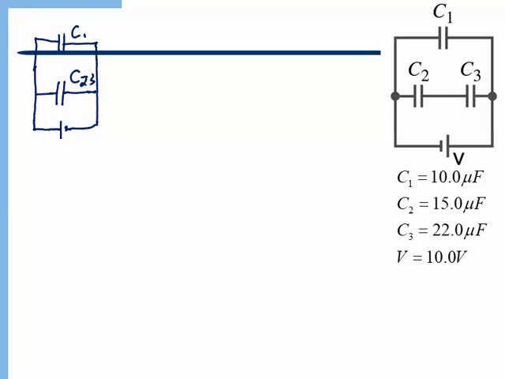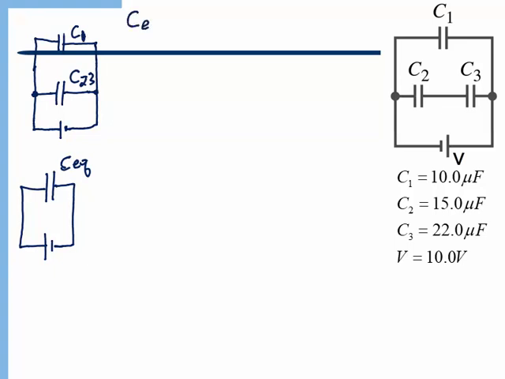So you'll notice that if we can now combine C1 and C23, we can get to where we want to get to, which is just one equivalent capacitance, which I'm always going to call CEQ. To do that, you'll notice that C1 and C23 are now in parallel, because the current would come up, it splits, it can go either way between them, and then it comes back together.